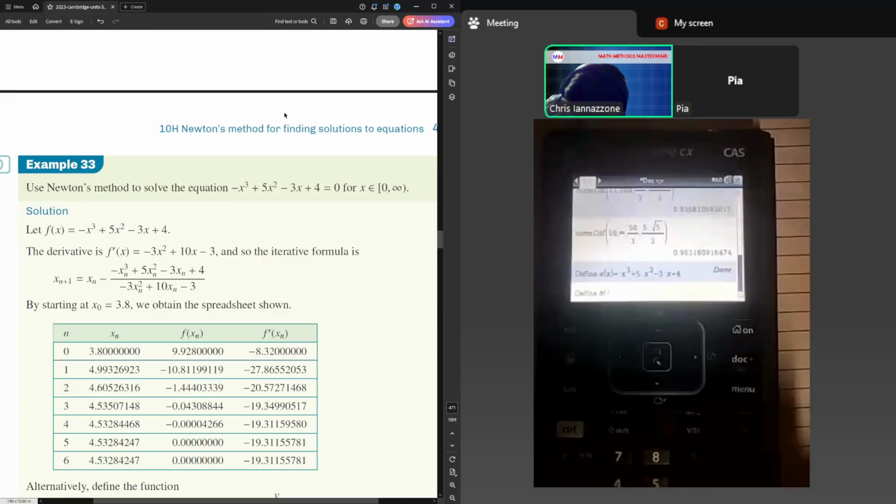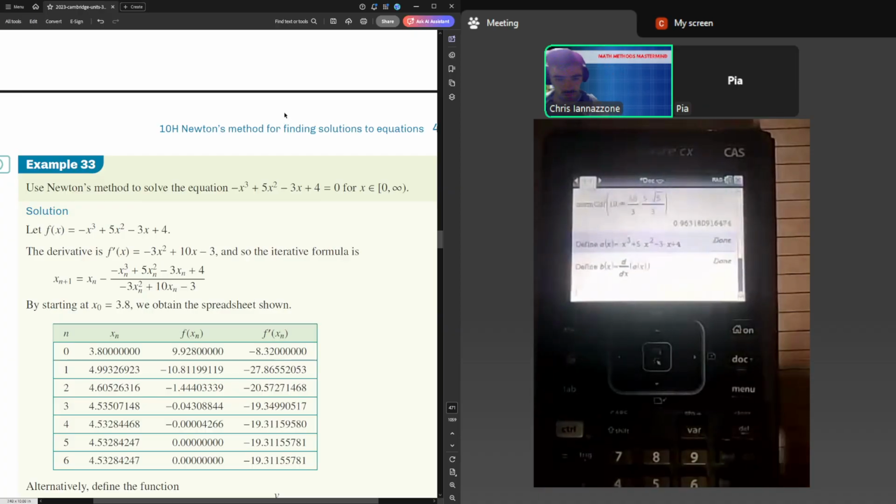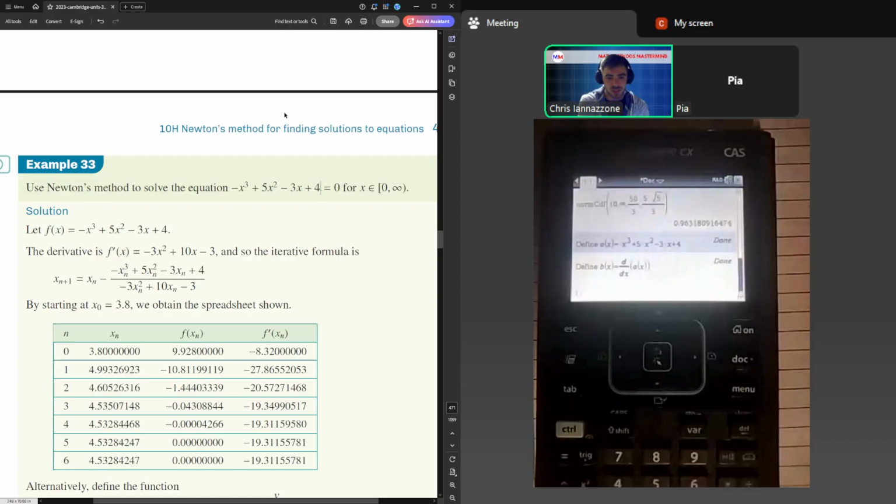Next up, b of x is going to be the derivative of a of x. Now specifically write it like this, so that if you change a of x, b of x will also change as well.